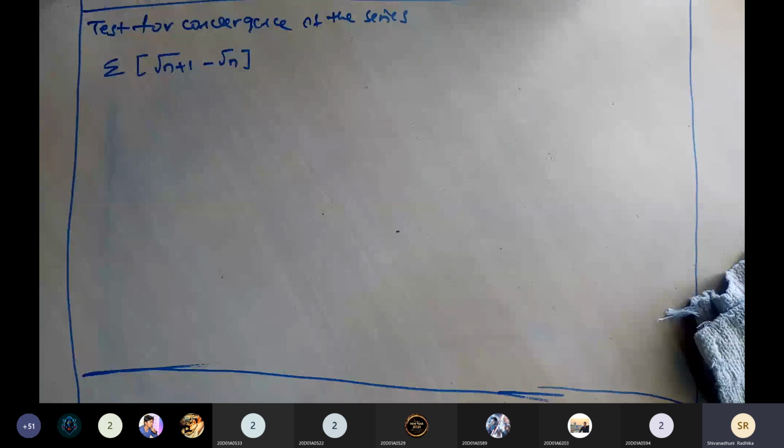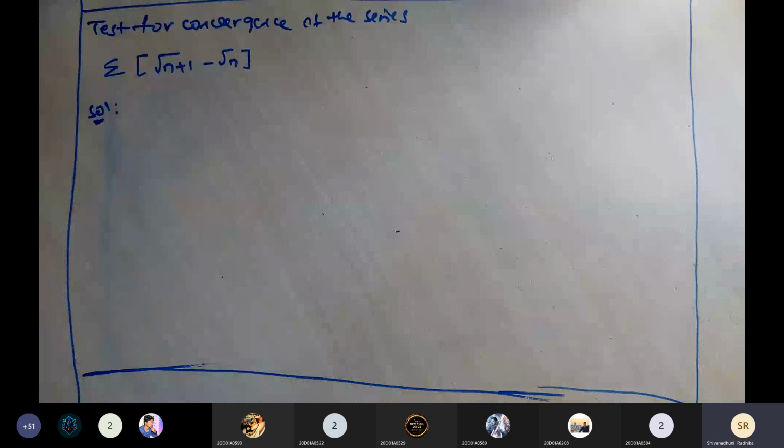Now, here I'm going to write the solution, solving the given problem. In this problem there is no denominator. How to choose the Vn term? The Vn term is chosen from the denominator, the highest power term of n.